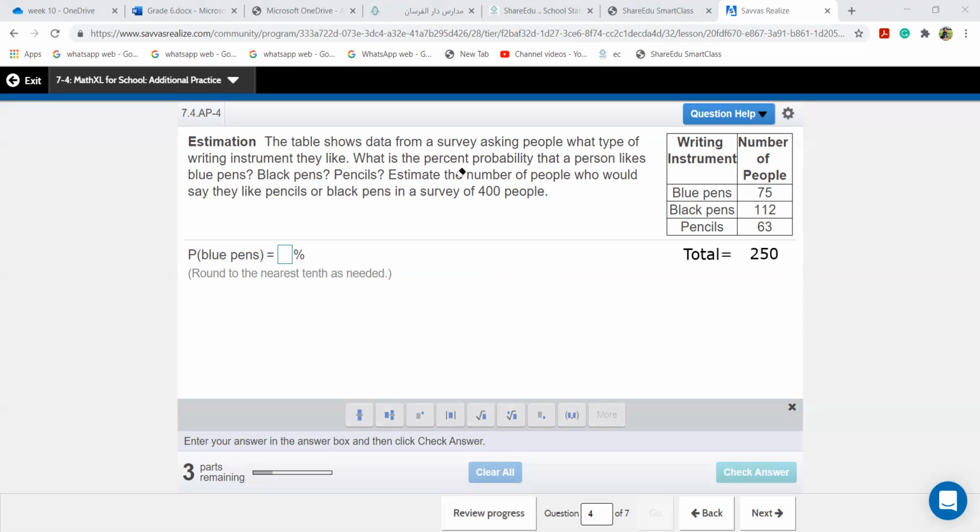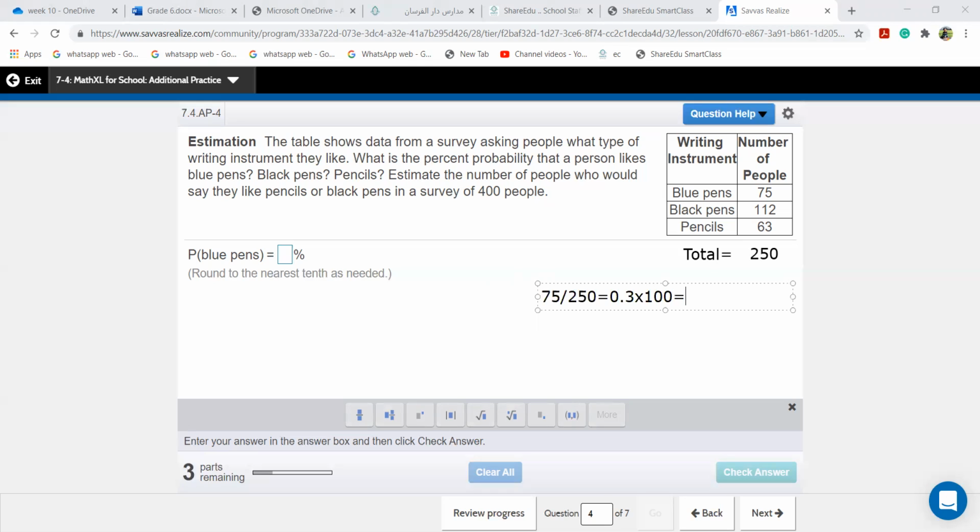first of all, what is the probability that a person likes blue pens, only blue pens. I have blue pens, so not with the 400. With 400, they ask you about black and pencils. With blue pen, if I do 75 divided by 250, I get 0.3. I must multiply with 100 because they want the percentage.